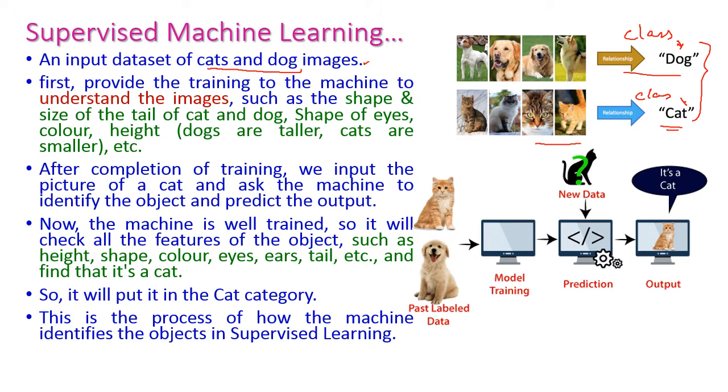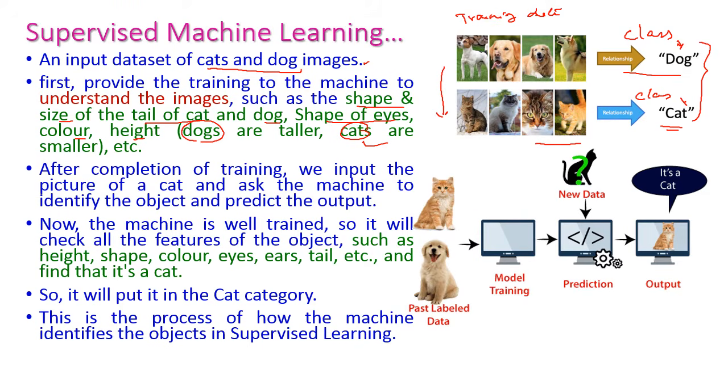The machine will learn with respect to the shape, size, tail of the cat and dog, and shape of eyes, colors, height. So accordingly it will categorize which image is actually a dog and which image is actually a cat. After completing this training, now we need to test the machine.